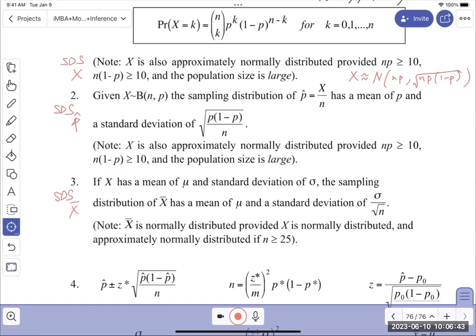It's not practical, but you could, and then you could make a histogram of all those measures and calculate an average and call it mu, because that would represent the population of all your measures. And you could calculate a standard deviation and call that the standard deviation of the population of all your blood pressure readings.